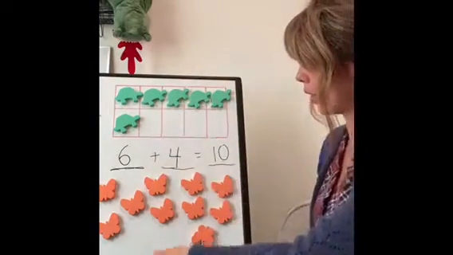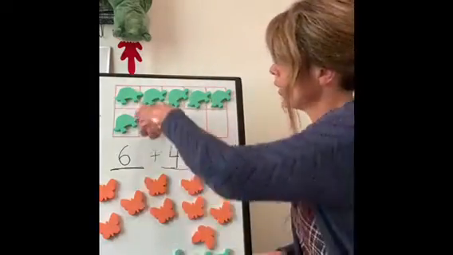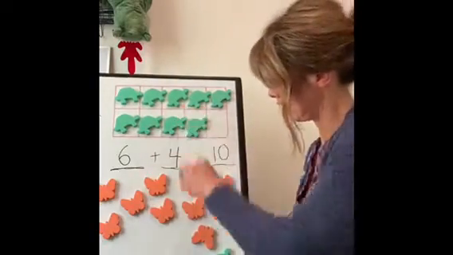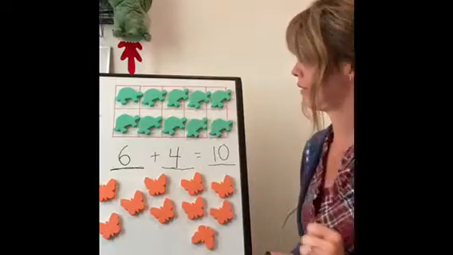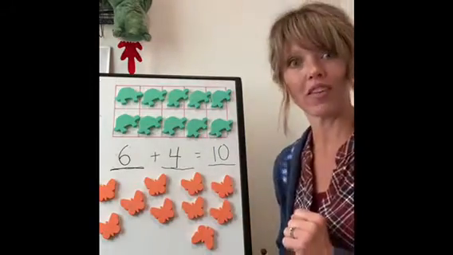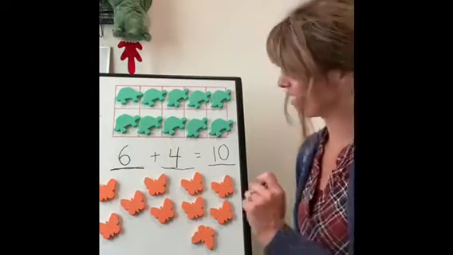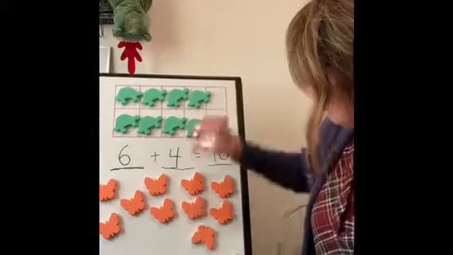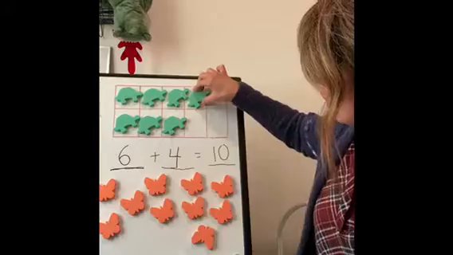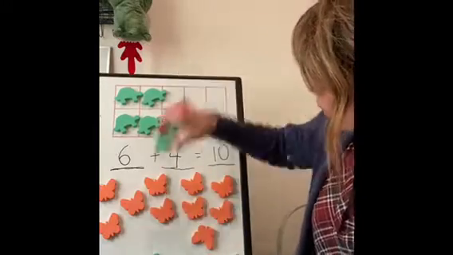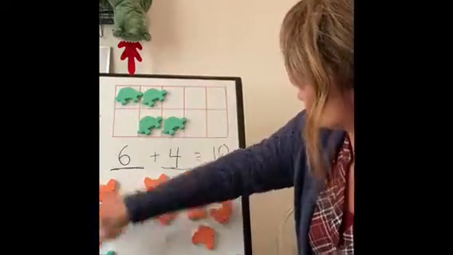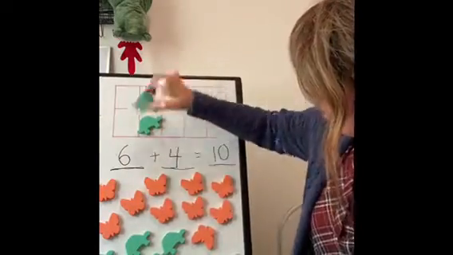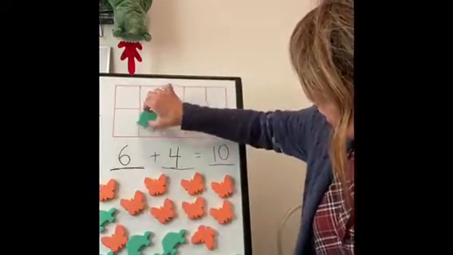So we have 6, we'll count on 6, 7, 8, 9, 10. All right, you guys are so good at this. Okay, so let's put our turtles away, put them back on the beach, and we will do our next one.